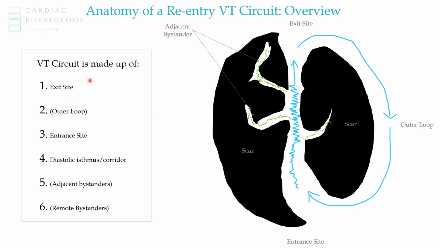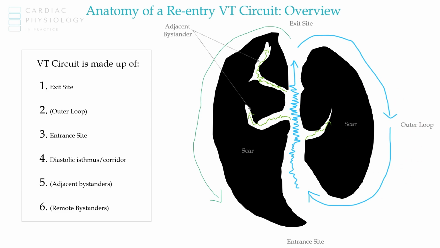So the ones in brackets here don't participate as part of the VT circuit, and the ones that are not in brackets do participate as part of the VT circuit. So VT reentry circuits utilize an exit site, an entrance site, a diastolic isthmus, and usually an outer loop.